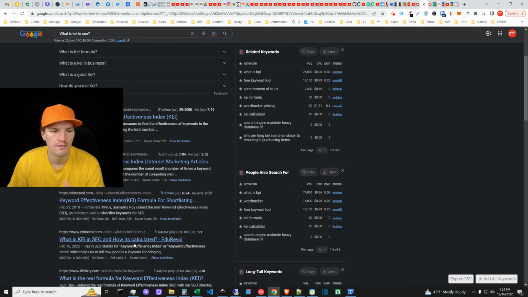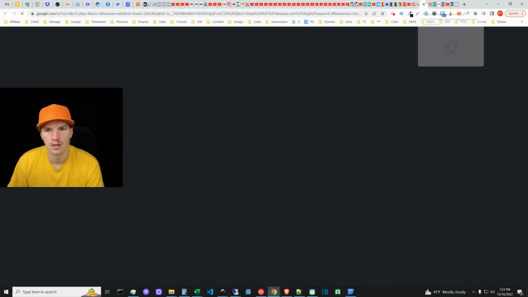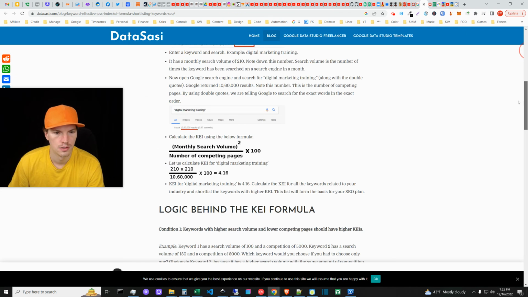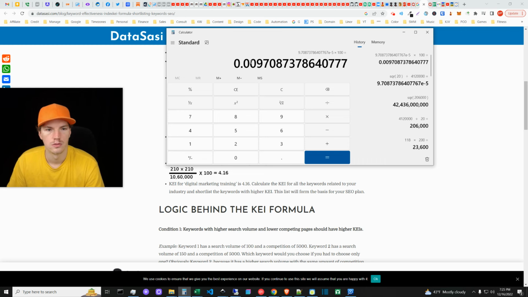I've seen pages that discuss different ways to calculate KEI. Let's see what this one says. This one says monthly search volume to the power of 2 over competing pages times 100. That's pretty interesting, so let's try that. It comes out to 0.009.